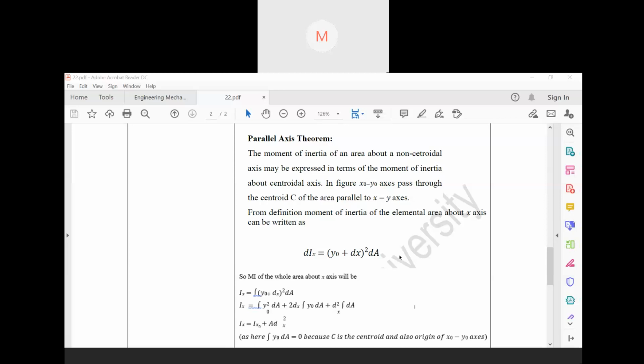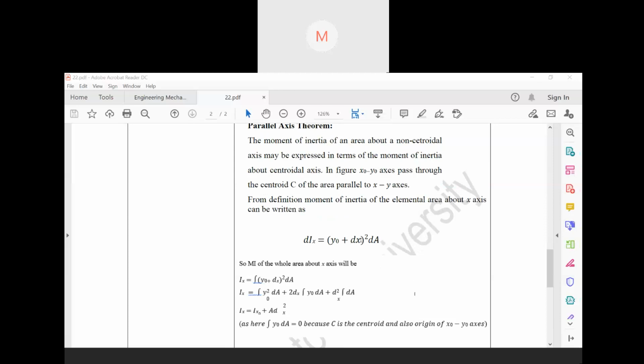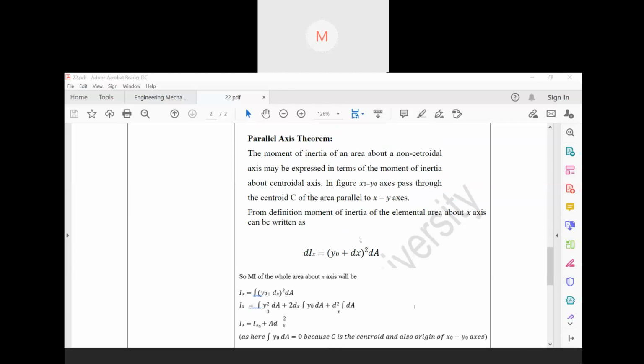What is the parallel axis theorem? The moment of inertia of an area about a non-centroidal axis may be expressed in terms of the moment of inertia about the centroidal axis.